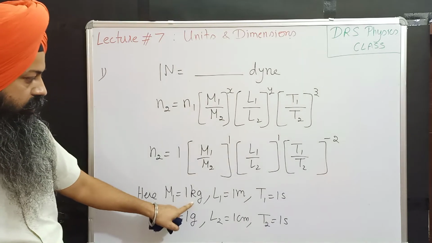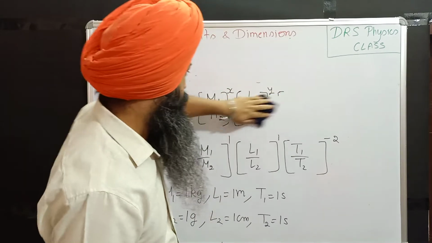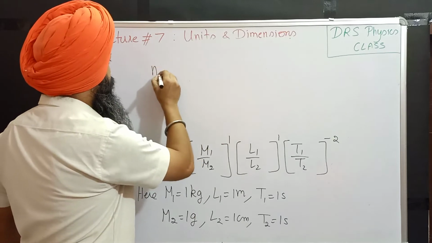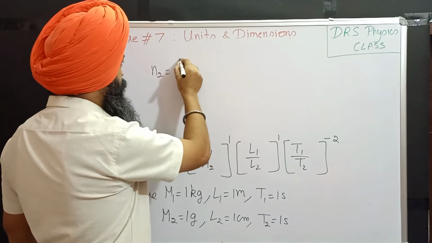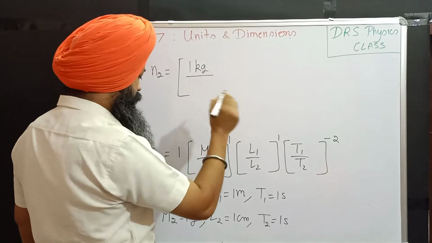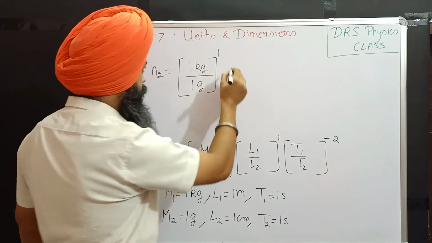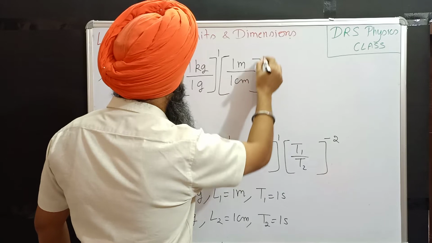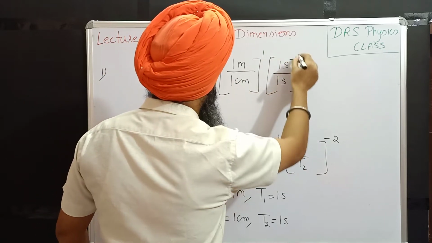So filling these values in this equation, we get N2 is equal to 1 kg upon 1 gram whole power 1, 1 meter upon 1 centimeter whole power 1, 1 second upon 1 second whole power minus 2.